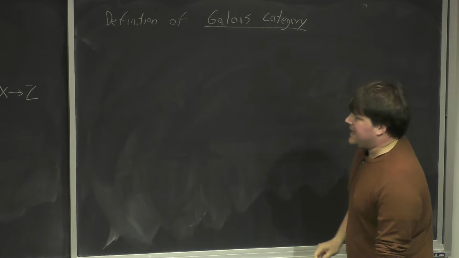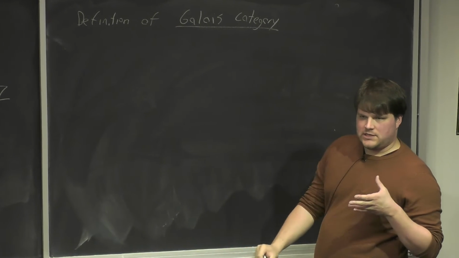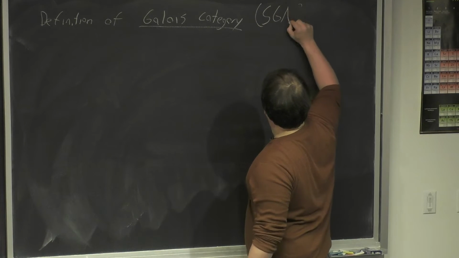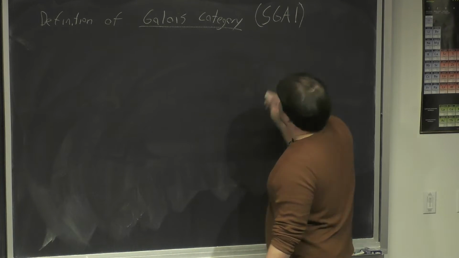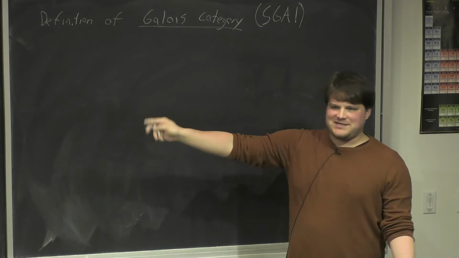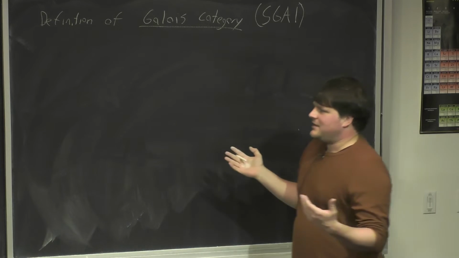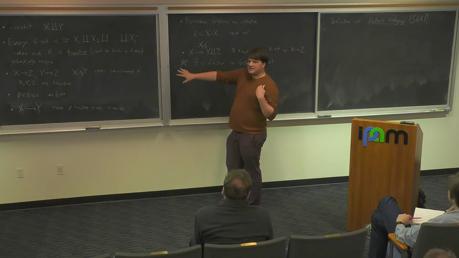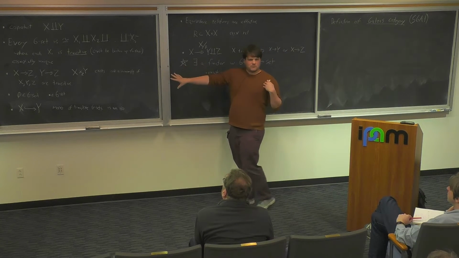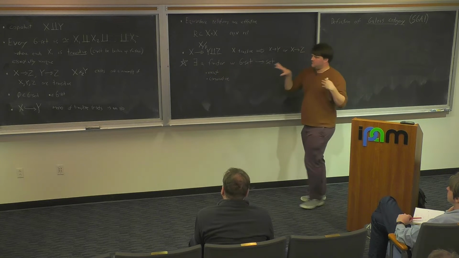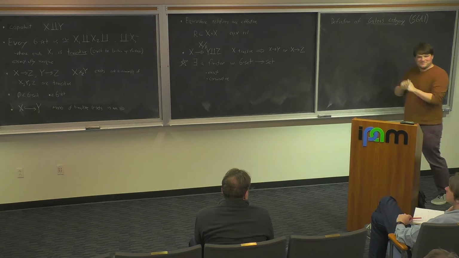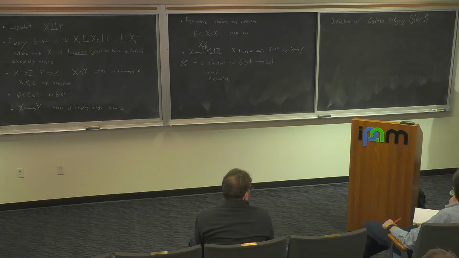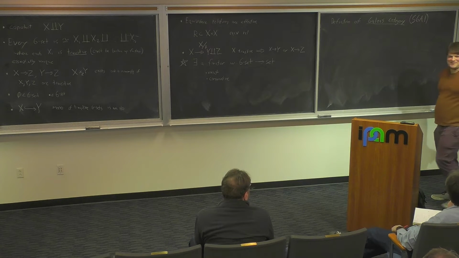This notion of Galois categories is due to Grothendieck, in SGA1. And it's not exactly this, but it is equivalent. For these types of things, I'm not so worried about trying to find a minimal axiomatization. This is the one that we want, so that's the one that I'm going to tell you.